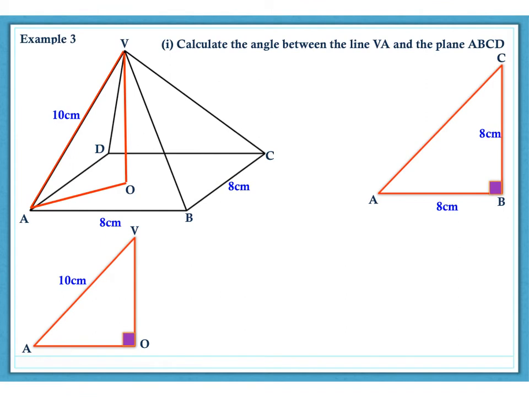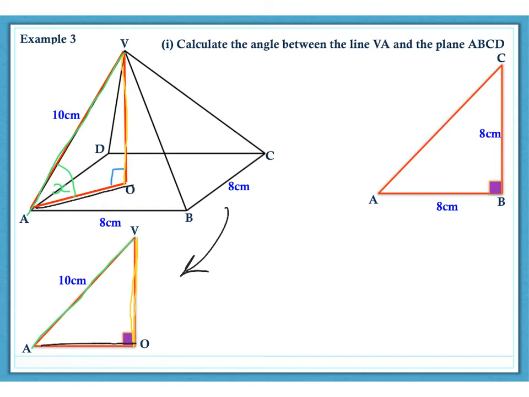And here is everything we need. So the right angle we sketched a second ago was over here. Here's the angle that we are looking for. And as before, I've sketched this out separately over here. You can see it in this right angle triangle. There's VO, there's VA, and here is AO.